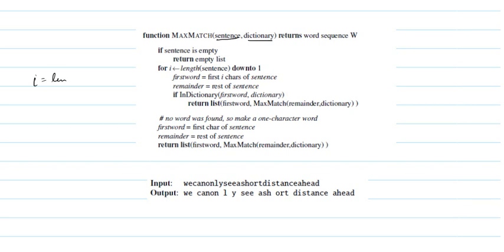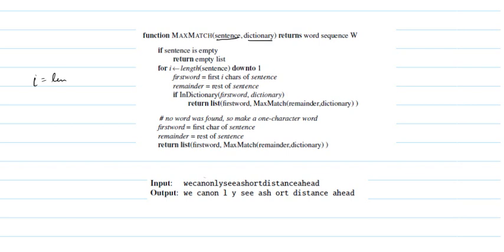So at first instance we are taking all the characters in the variable first word, and the remainder is taking the rest of the sentence. Now we are searching if this whole thing is in the dictionary. If this whole thing is in the dictionary, then return first word, and again it recursively calls the same function on the remainder and the dictionary, right?